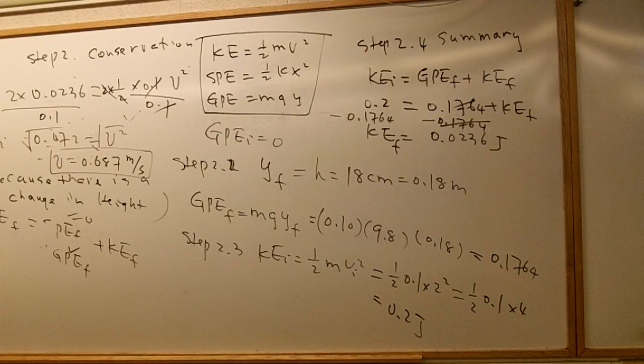So for that one, you will end up with 1/2 K1 x1 squared equals 1/2 K2 x2 squared. This is the equation you end up with for part A.